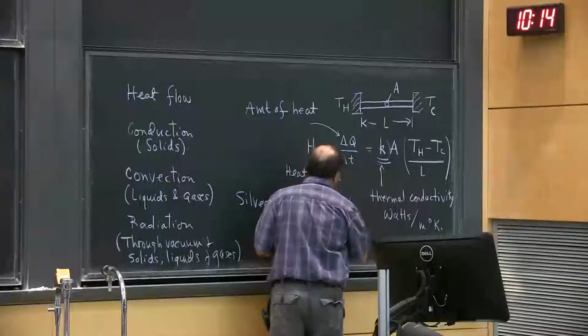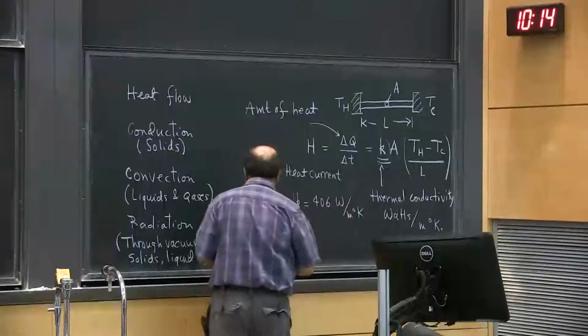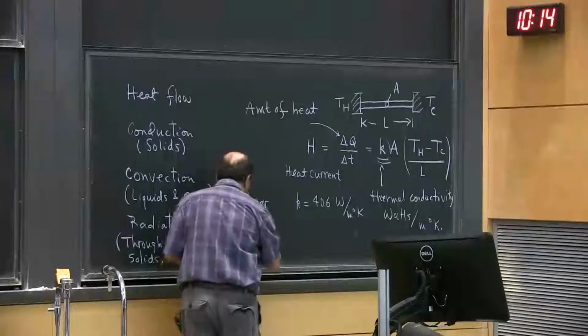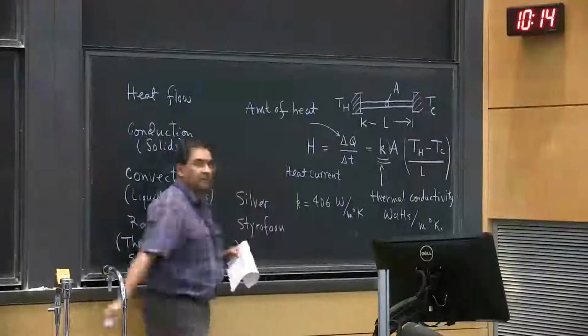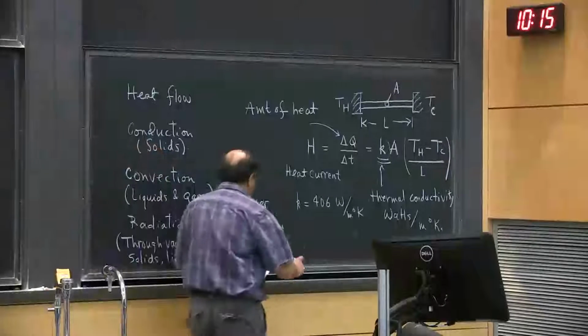watts per meter degree Kelvin, whereas for a very poor heat conductor, one of them environmentally very unfriendly is styrofoam, which is almost not used except possibly in McDonald's and some places. Environmentally very unfriendly, they shouldn't be doing it.